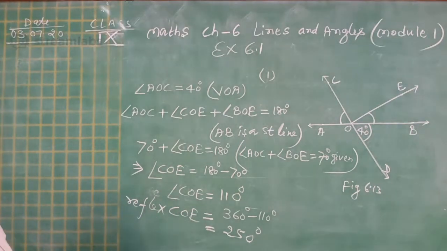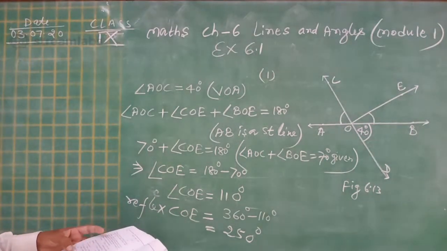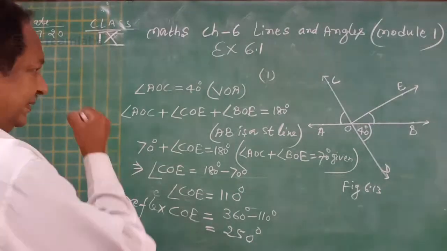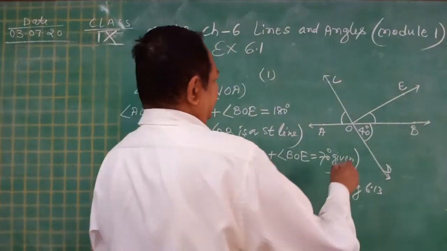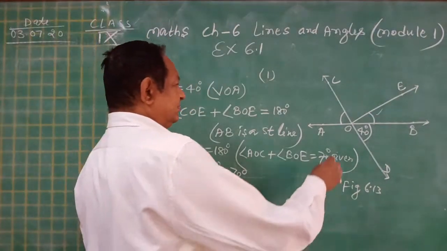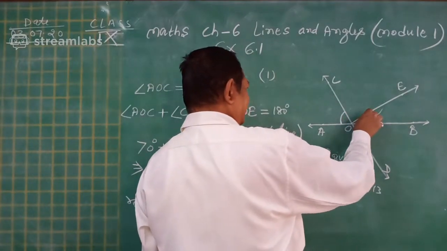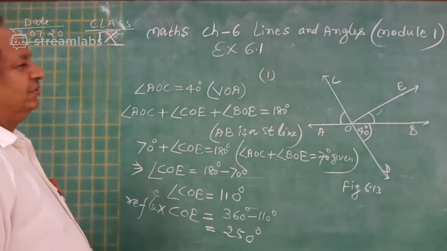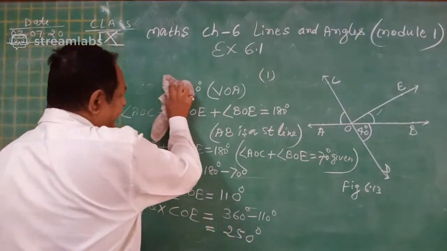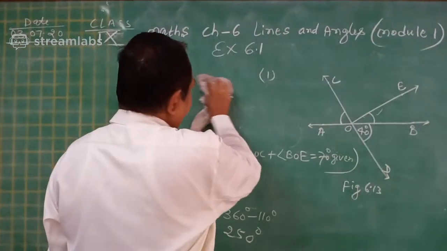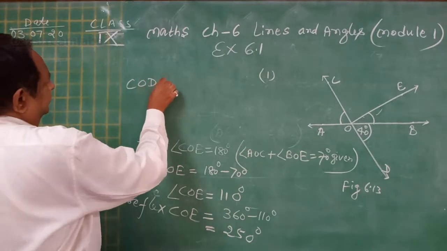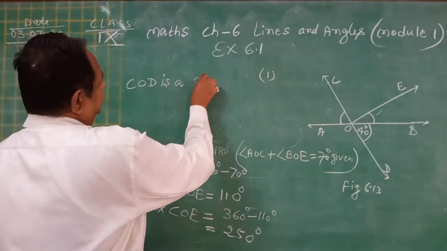Now what is BOE? We have to find this angle BOE. The sum of these angles will be equal to 180 degrees, since COD is a straight line.